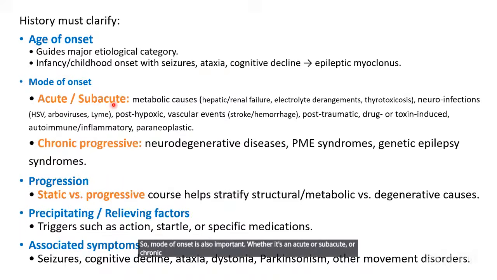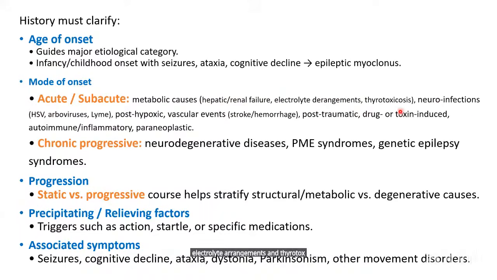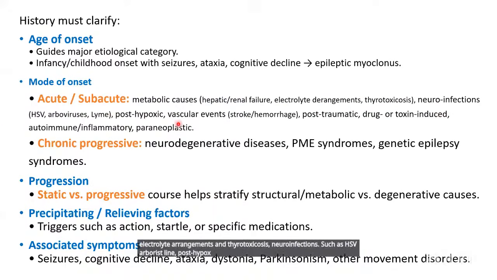If it's acute or subacute, think of acute causes like metabolic causes, hepatic or renal failure, where we usually see negative myoclonus. Electrolyte derangements and thyrotoxicosis, neuroinfections such as HSV, arbovirus, post-hypoxic and vascular events, stroke or hemorrhage, post-traumatic, drug or toxin-induced, autoimmune or inflammatory or paraneoplastic.